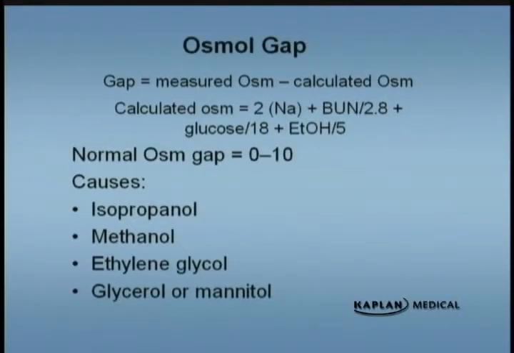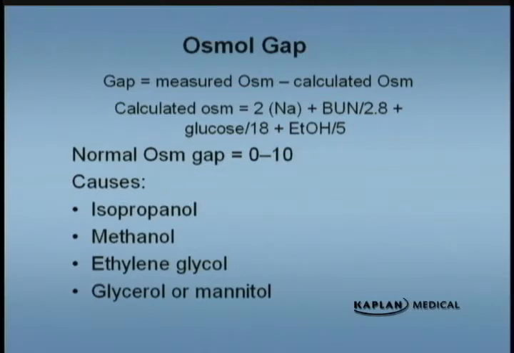What is the osmol gap? An osmol gap is the difference between the measured serum osmolality and the calculated serum osmolality. So you order a measured serum osmolality, and they'll give you a number, and you go ahead and calculate the serum osmolality, what it should be, based on the serum sodium, the serum BUN, the serum glucose, and the serum ethanol, all of which can be easily measured.